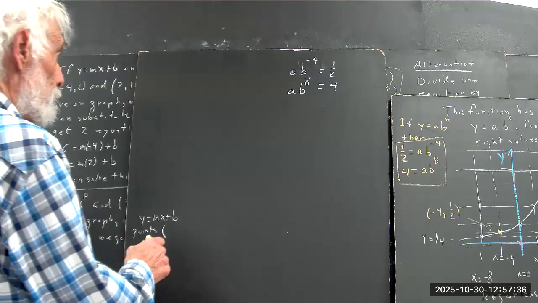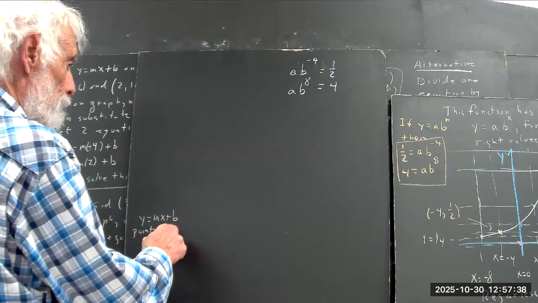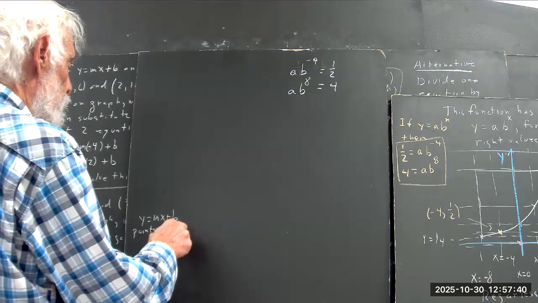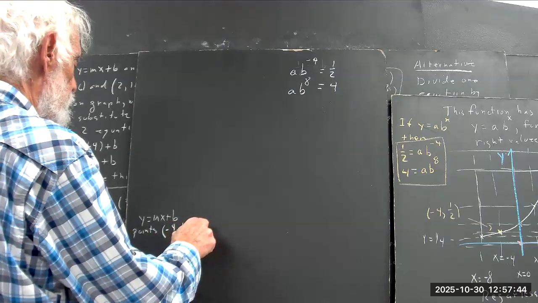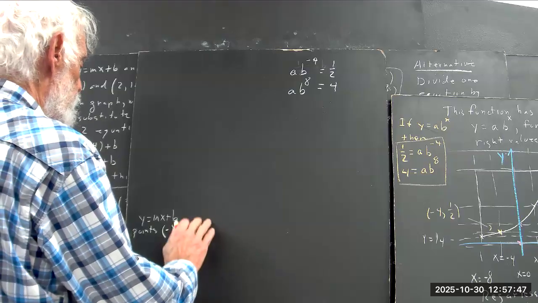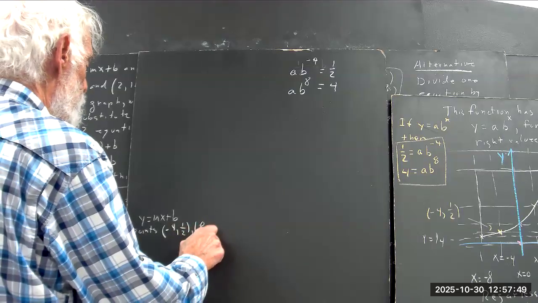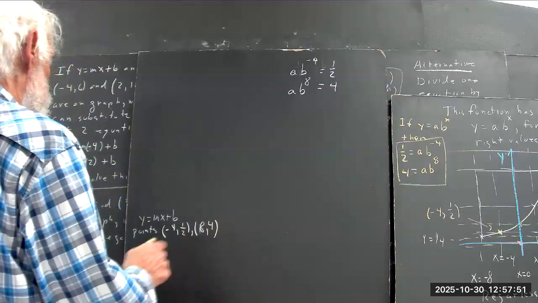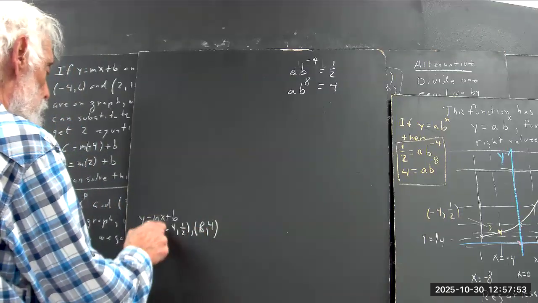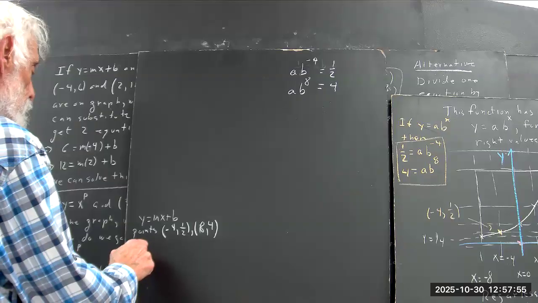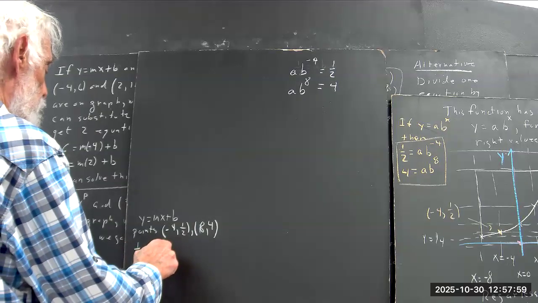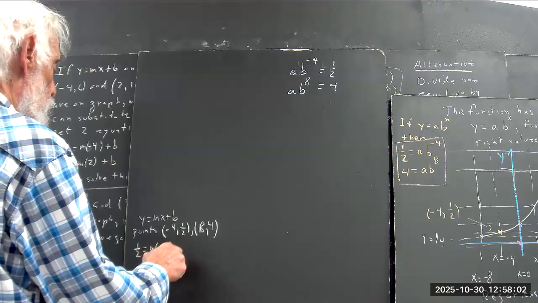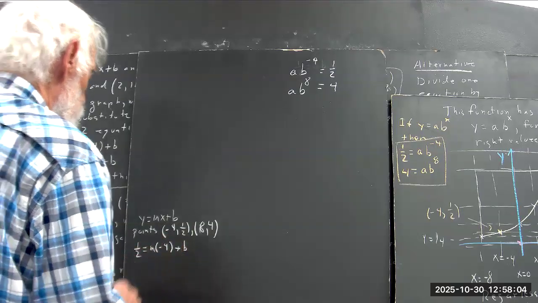So let's say we have the same points, okay? (-4, 1/2) and (8, 4). We can write 1/2 equals m times -4 plus b.